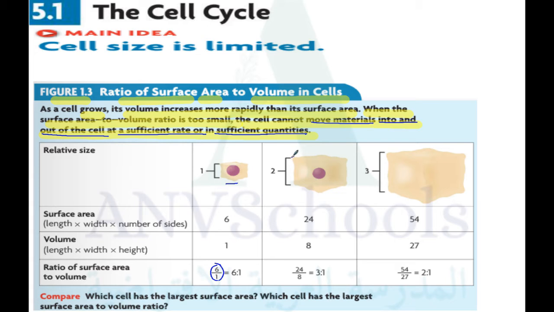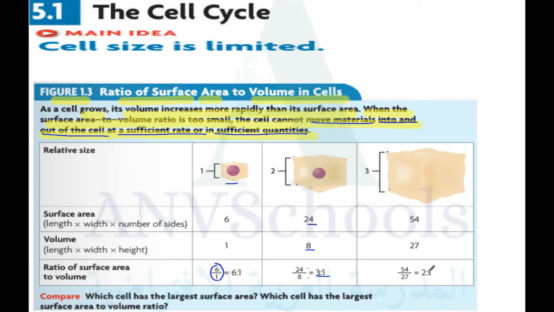Here, the surface area is 24 and the volume is 8. So if we make a ratio, we will find that the ratio is now 3 to 1. And as it increases in size, you can see the surface area also increases, but the volume increases even more.